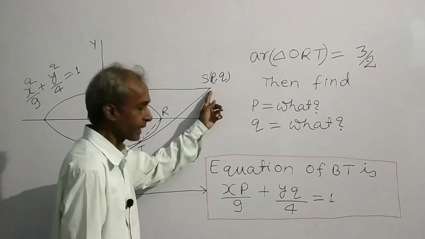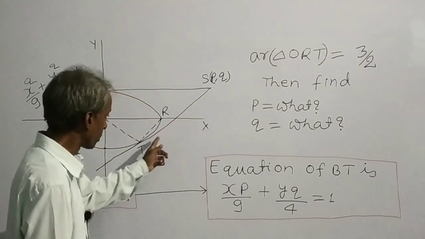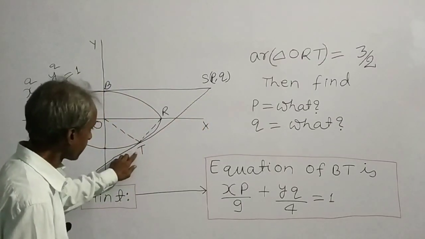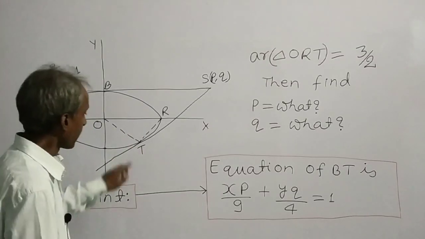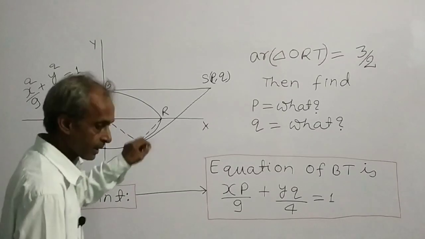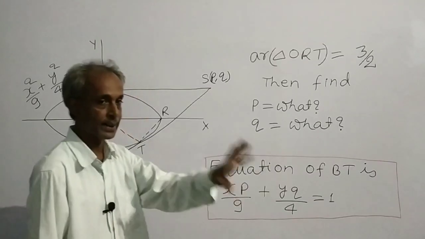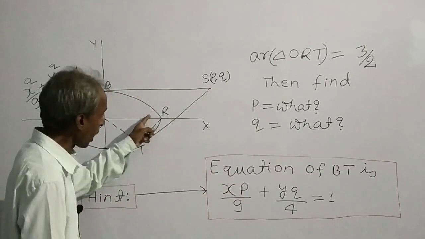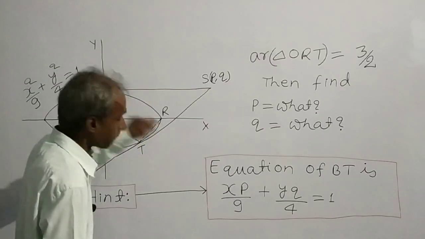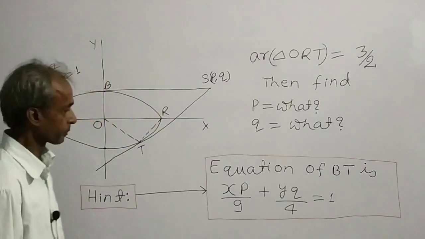From this point S, another line drawn touches this ellipse at the point T, and this point T lies in the fourth quadrant. R is end point of major axis.